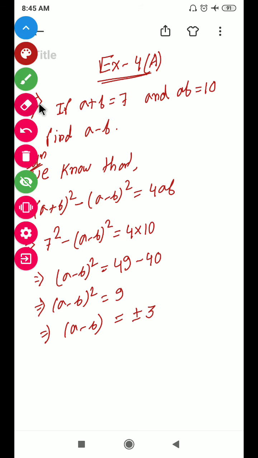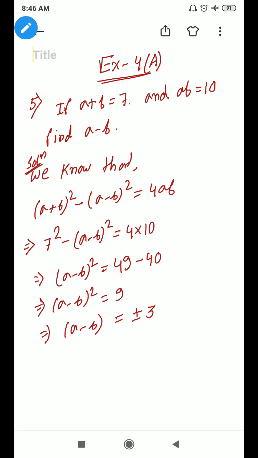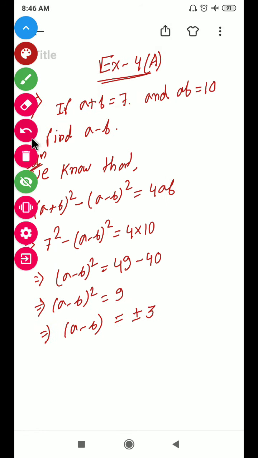Now go to our next problem. Go to question number 7. In question number 7, it is given x plus y is equal to 7/2 and xy is equal to 5/2.